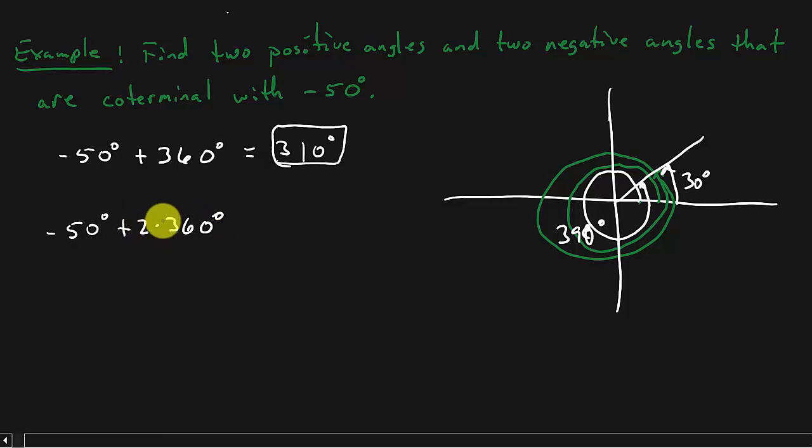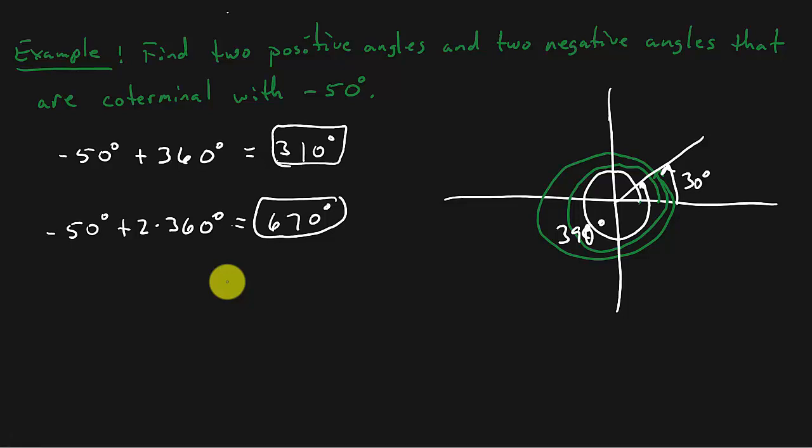So 2 times 360, and that gives me 670 degrees. And if I wanted to, I could add 360 again. That would just be negative 50 plus 3 times 360. All right, now that's my two positive angles.